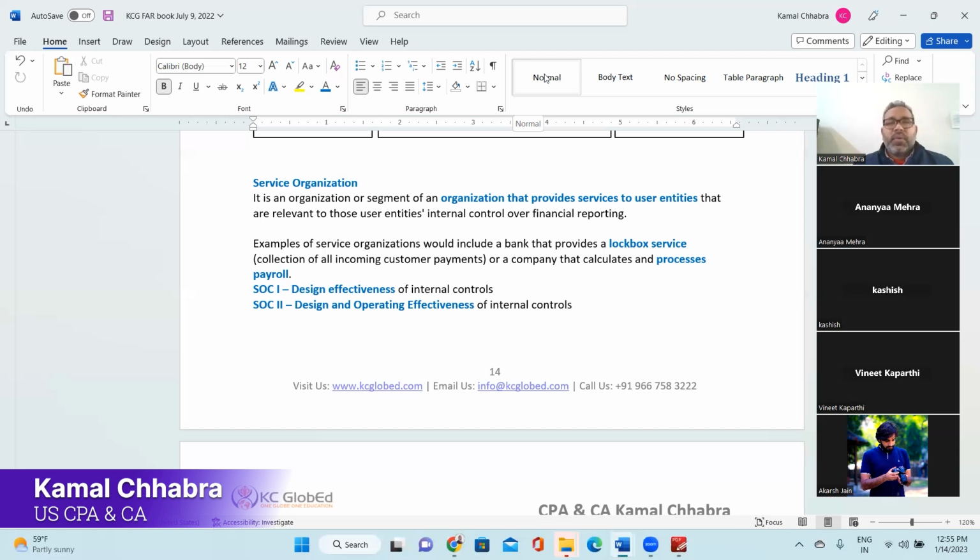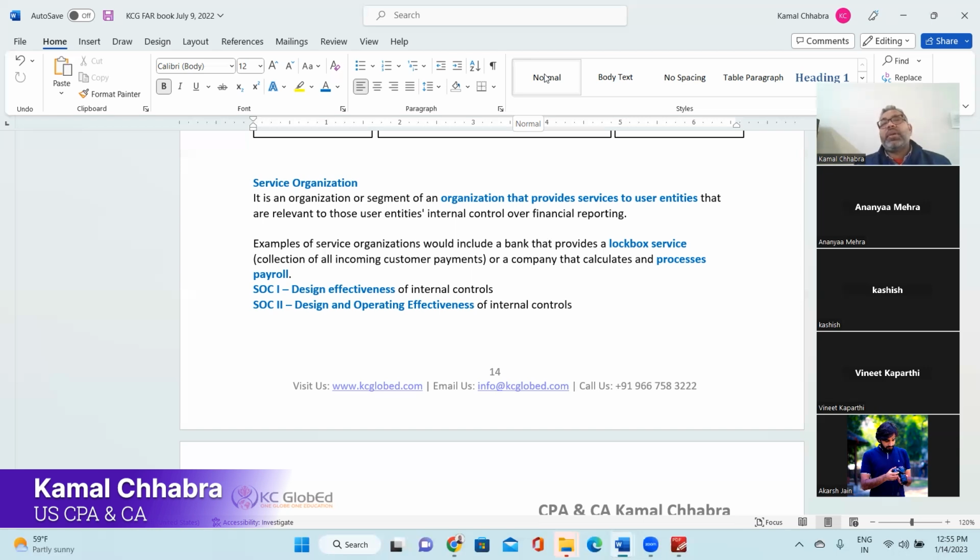So you will be requesting management to get the SOC 2 report from the service organization auditor, where the service organization auditor will test both design effectiveness and operating effectiveness of internal control, and based on that they will issue the SOC 2 report that you will be considering.